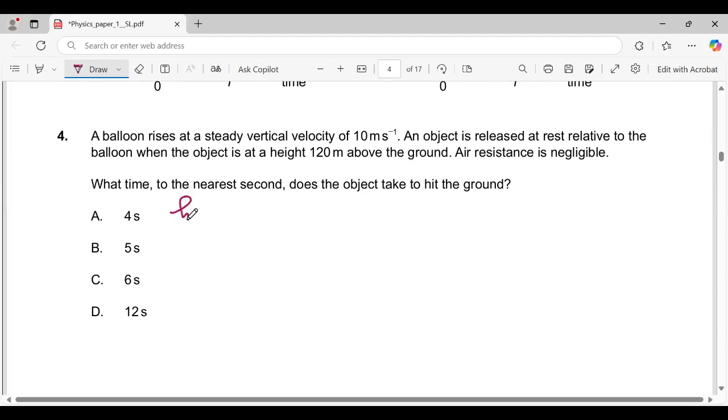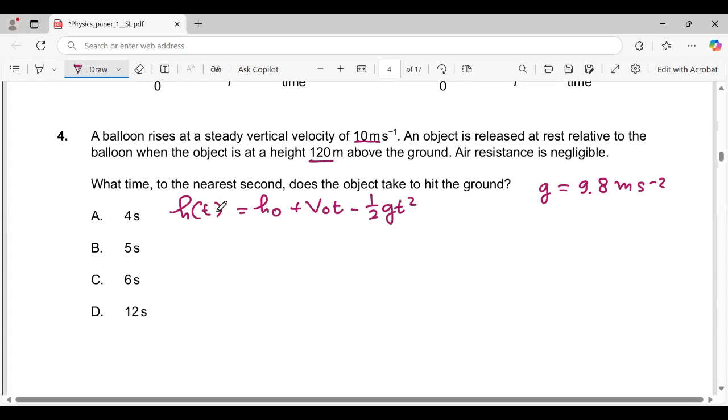The equation is h(t) equals h0 plus v0 t minus 1/2 g t squared. h(t) is the height of the object at time t, h0 is the initial height, 120 meters, and v0 is the initial velocity upwards, 10 meters per second. g is gravitational acceleration, 9.8 meters per second squared, and t is time in seconds.